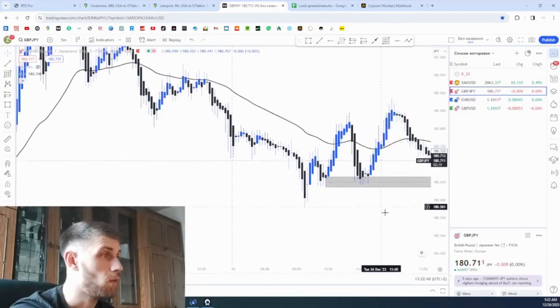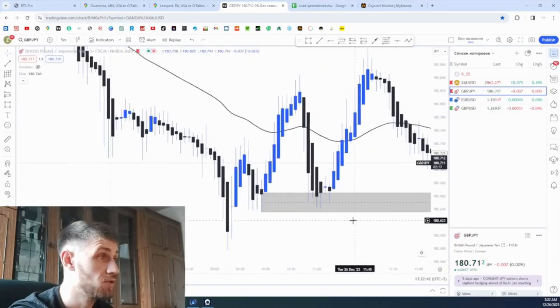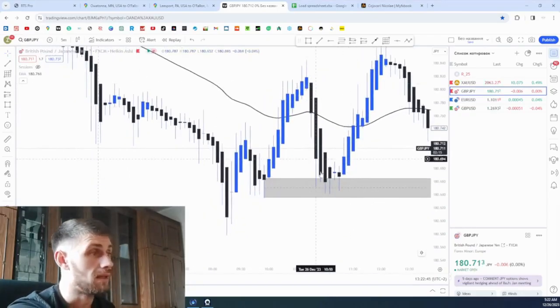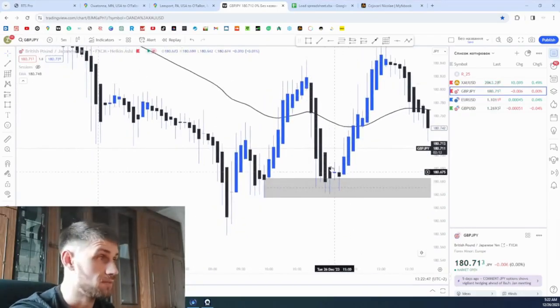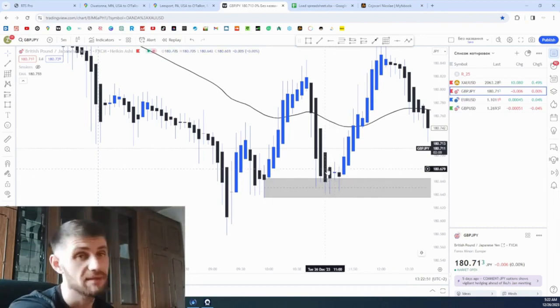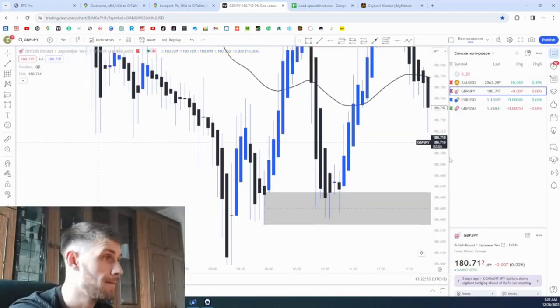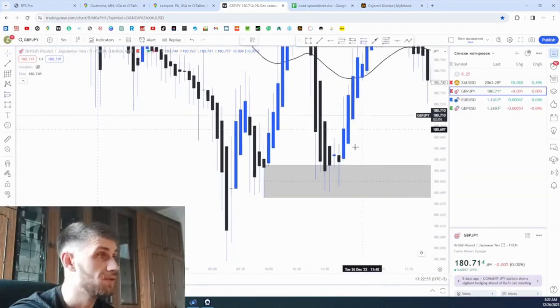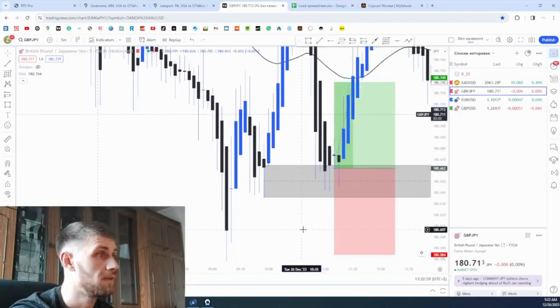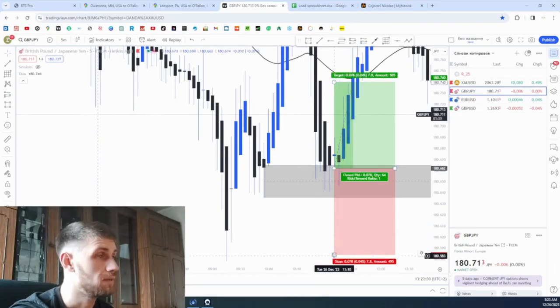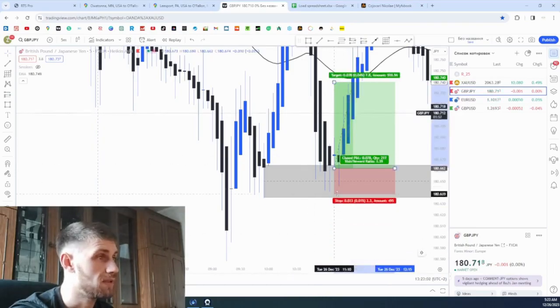And one more thing, how you can use this Heikin Ashi is let the price action come to the zone, touch it, and when you see the first blue candle, like the trend tries to reverse, set your entry beneath this blue candle, and you can put it this way.